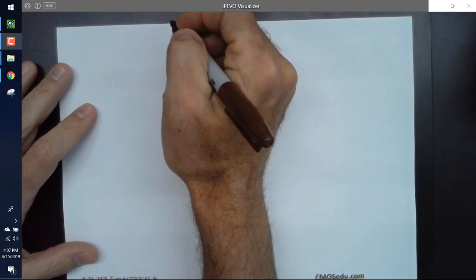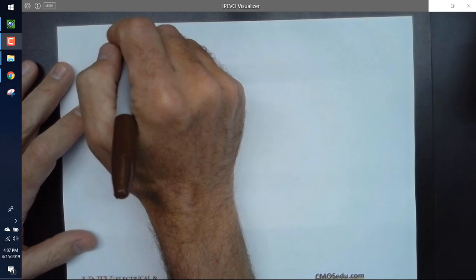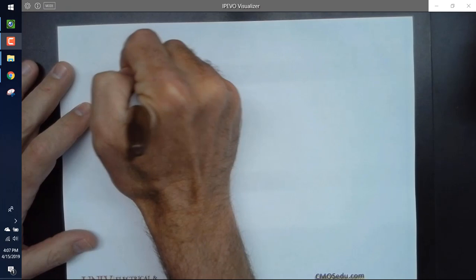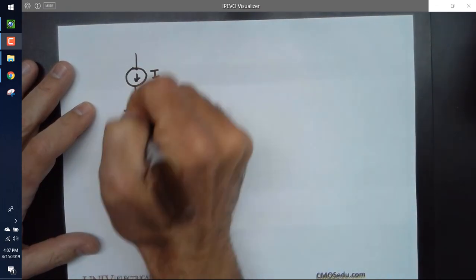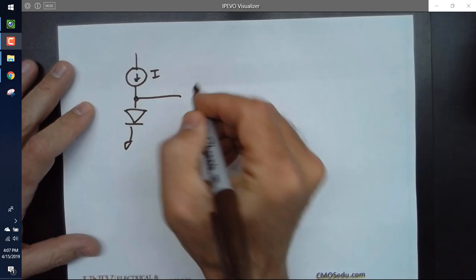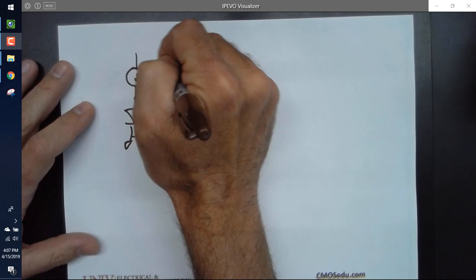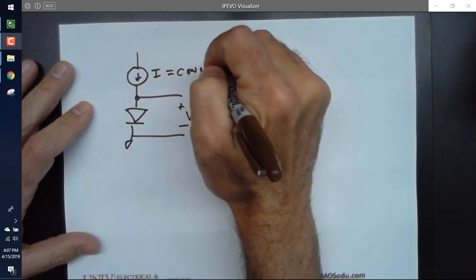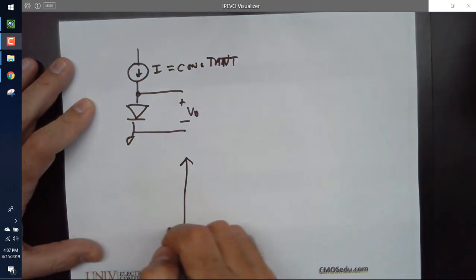All right, so the next thing I'm going to do is point out, if I have a constant current I going into a diode and I measure the diode voltage, and I change the temperature, and I plot.